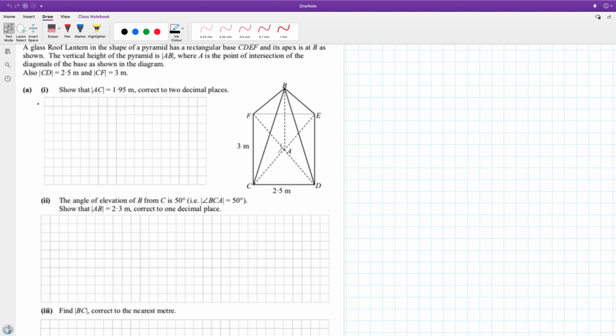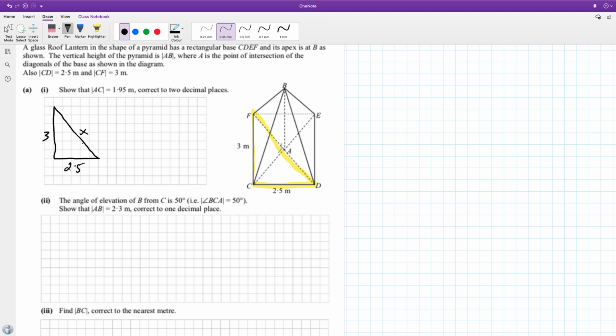With the first one, the easiest way to go about it was to use the triangle on the bottom, that one there, which was F, C, and D. You have a right-angled triangle there, with sides 3 and 2.5, and we get x.